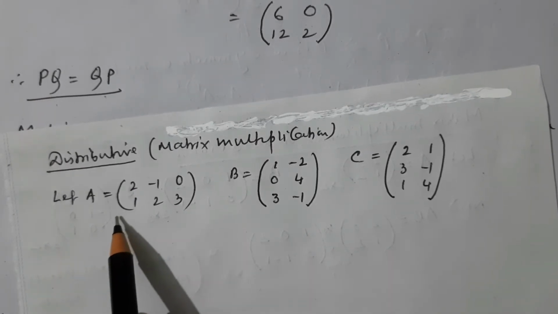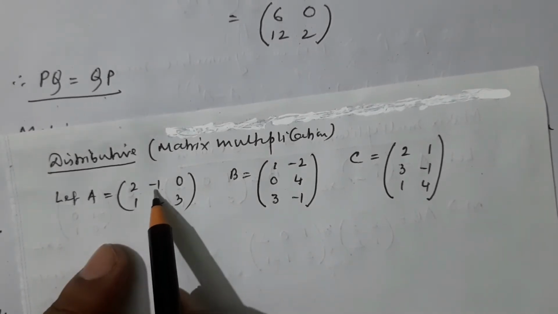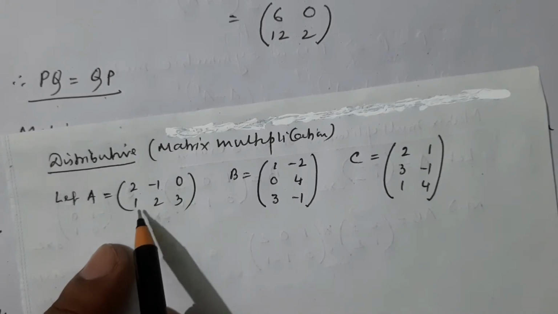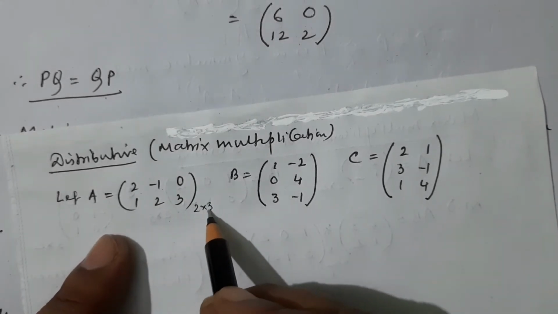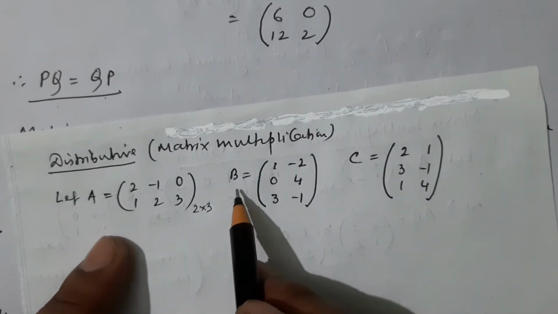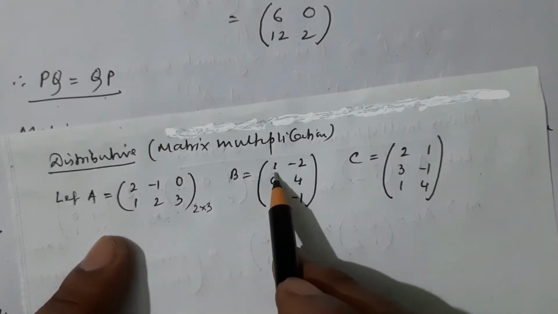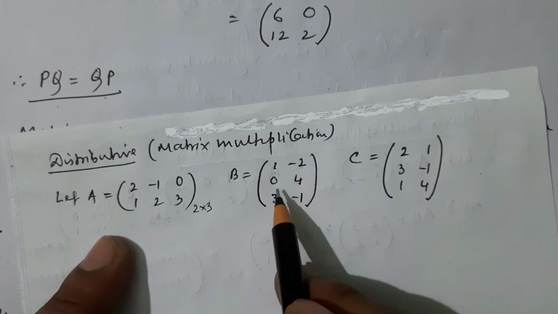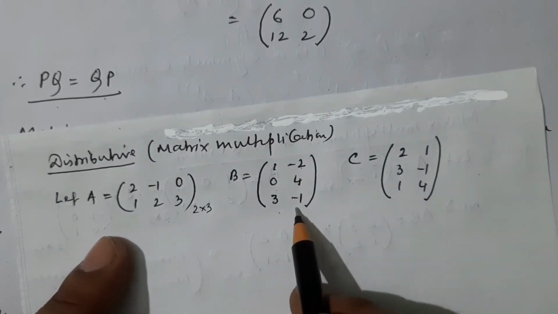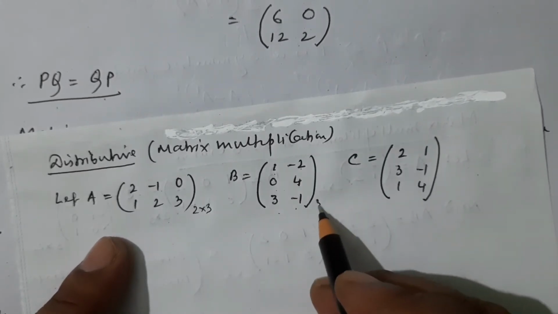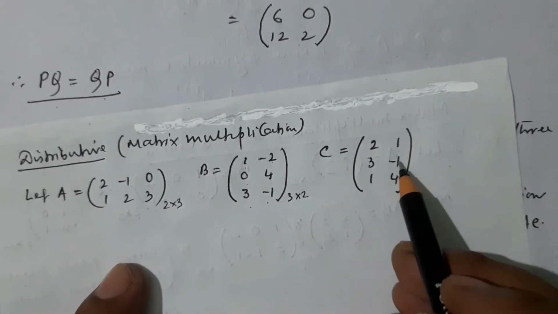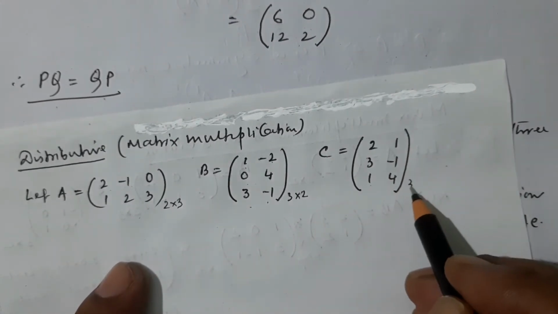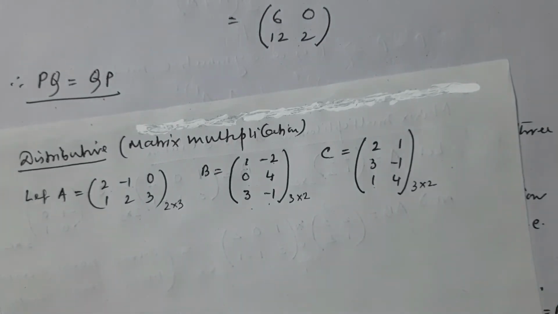Let A equal 2, minus 1, 0, 1, 2, 3. This is a matrix of 2 cross 3 order. B is another matrix: 1, minus 2, 0, 4, 3, minus 1. This is a matrix of 3 cross 2. C is another matrix: 2, 1, 3, minus 1, 1, 4. This is a matrix of 3 cross 2.